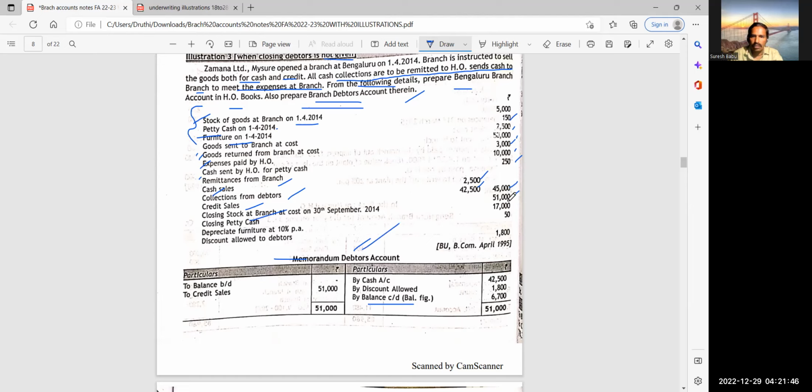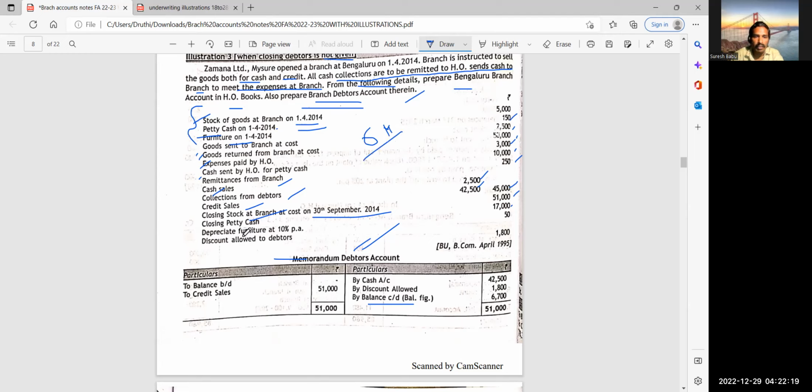Closing stock 17,000, dated 30th September 2014. Commencement 1/4/2014, so 1st April to 30th September means 6 months, right? Because if you are calculating goodwill, then it is very important.